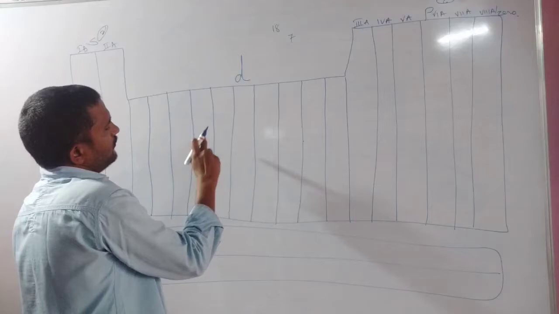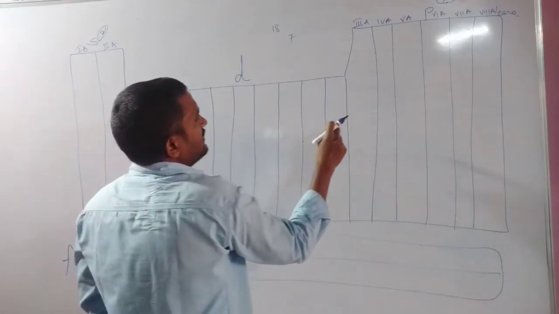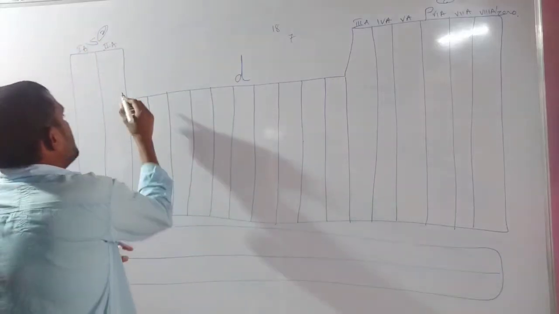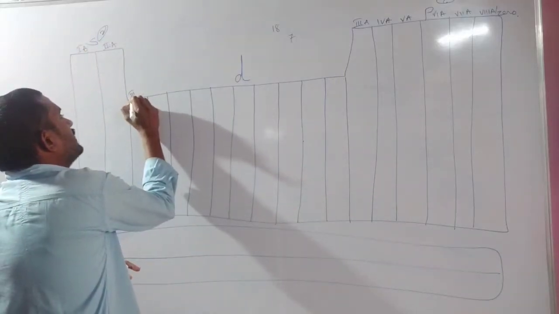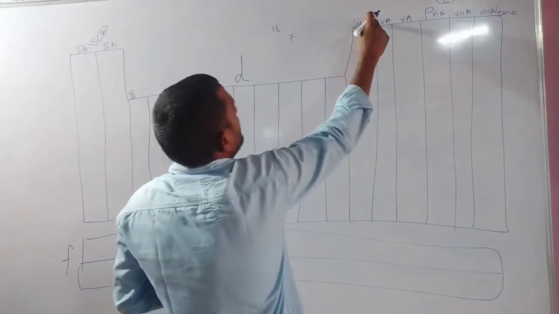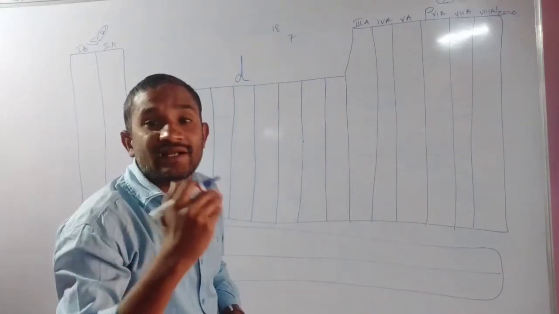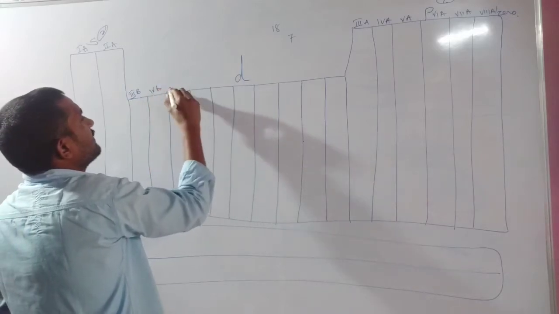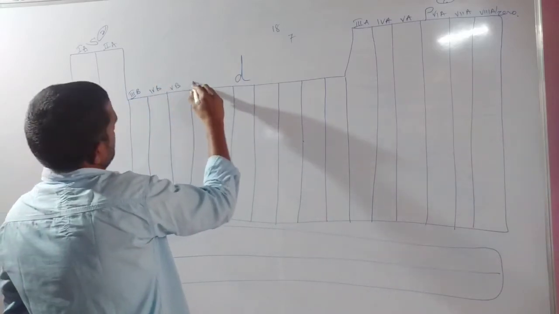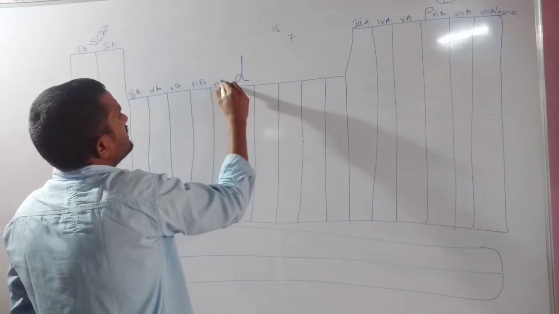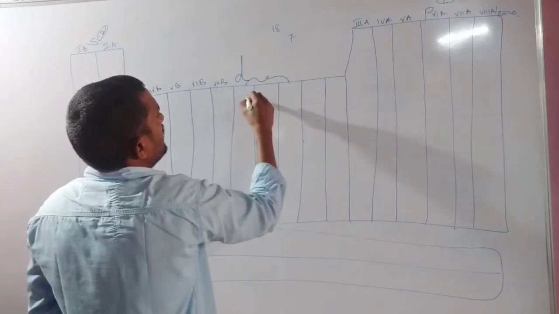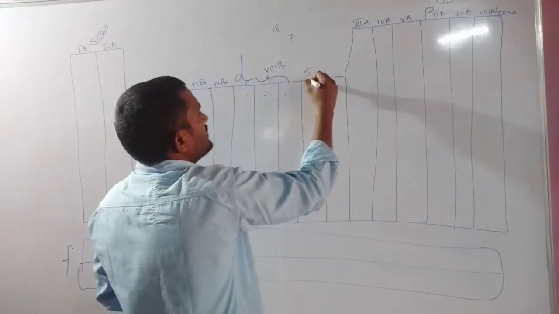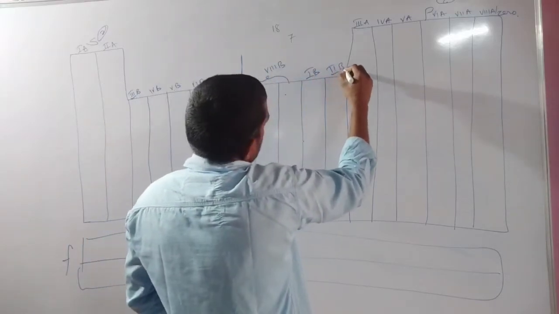Here you have to see first, second, then third. But here A is already finished. After that, B: third B, fourth B, fifth B, sixth B, seventh B. These 3, 1, 2, 3, eighth B, then first B and second B.